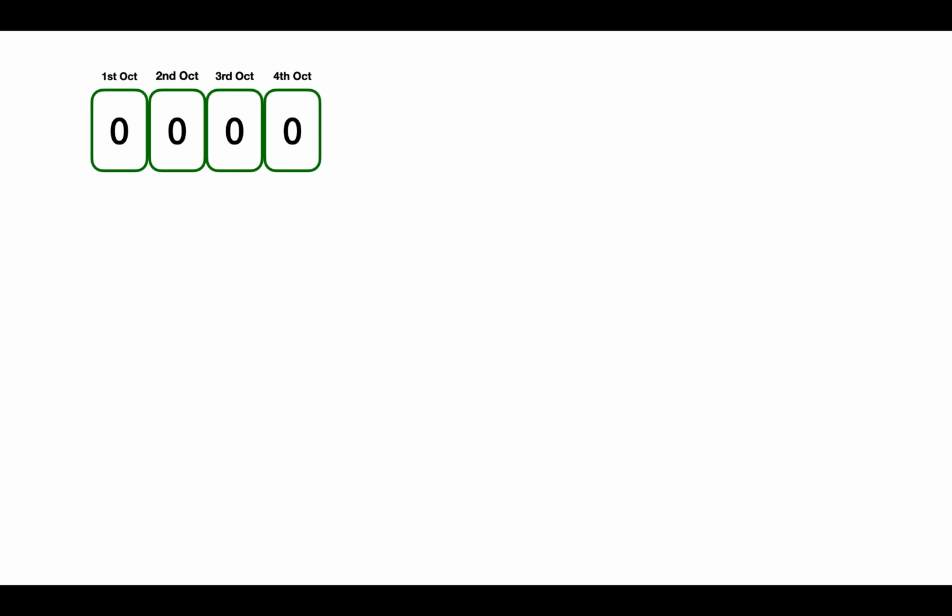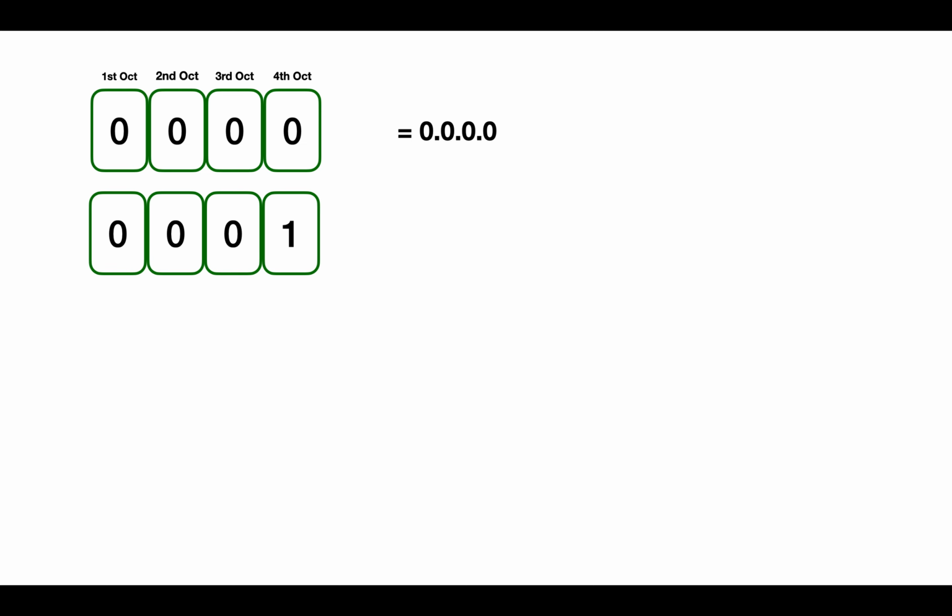If each and every octet has a value of 0, the first IP address will be 0.0.0.0. The second IP address will be 0.0.0.1, because the value here is 1 and that is the second number.